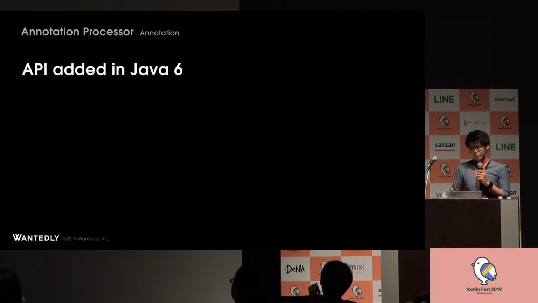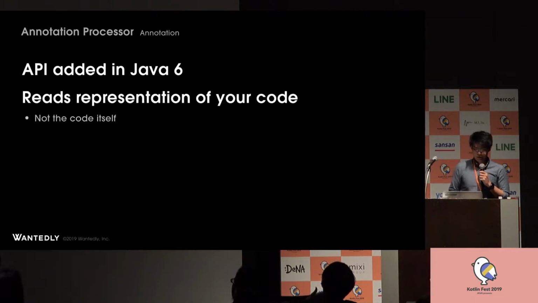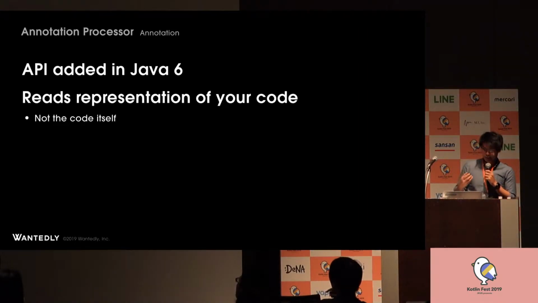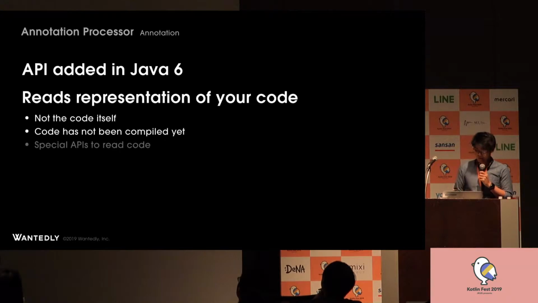And with this API, we can process elements that have been annotated with an annotation. Do note that the processor reads a representation of our code, not the code itself. During the annotation processing step, our code has not been compiled yet, and we will need to use special APIs to read our classes.